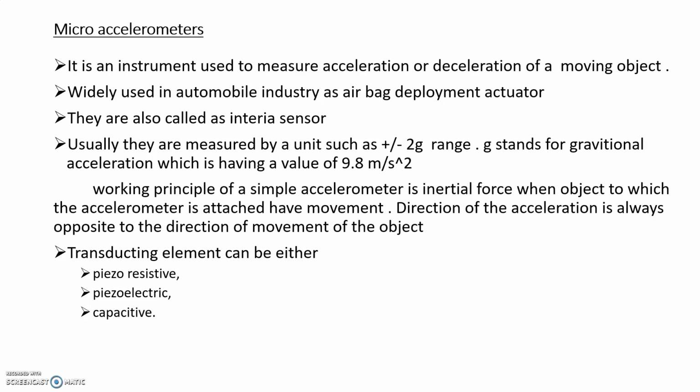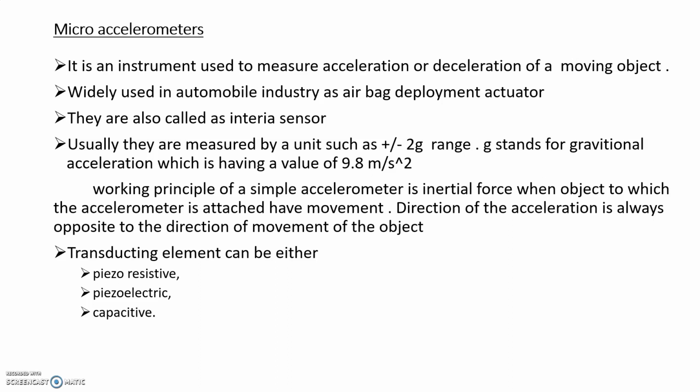The sensing part is connected to a transducing element, and this transducing element will convert the required sensing parameters into either an electrical quantity or capacitive, etc. The transducing element connected to the accelerometer can be piezoelectric, piezoresistive, capacitive, or any other means.